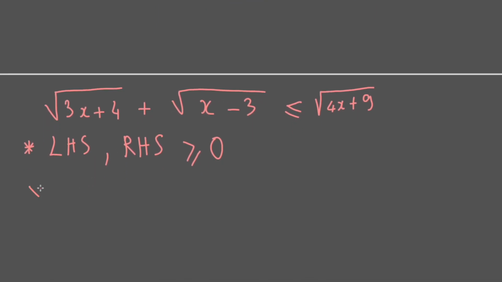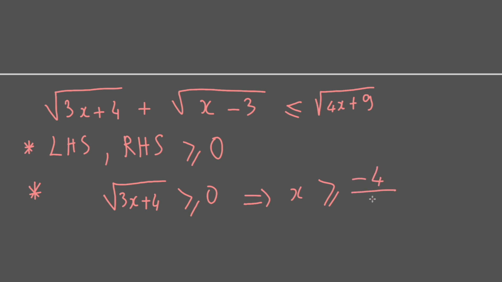And the next is we put the condition for x. It means we have to find x is greater than which number or smaller than which number. So we have square root of 3x plus 4 has to be greater or equal than 0, then x has to be greater or equal than negative 4 over 3.